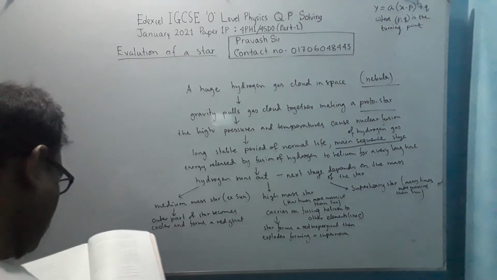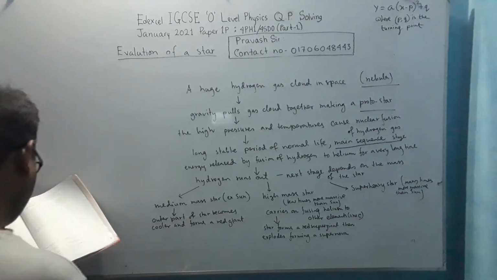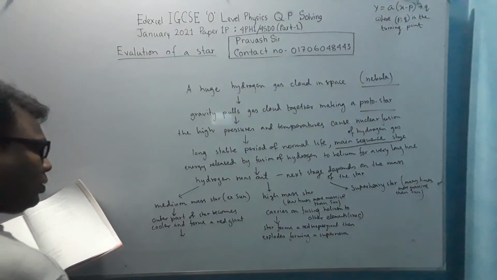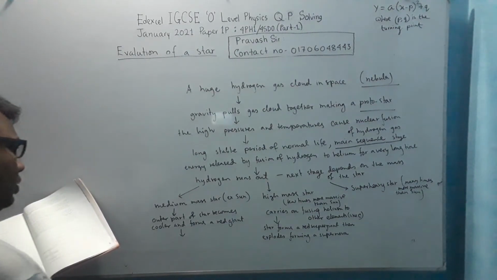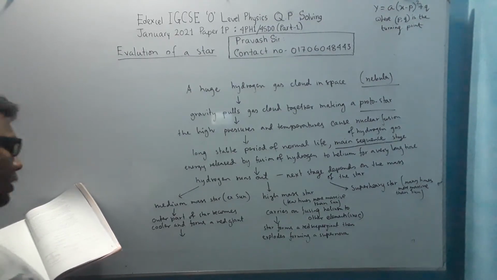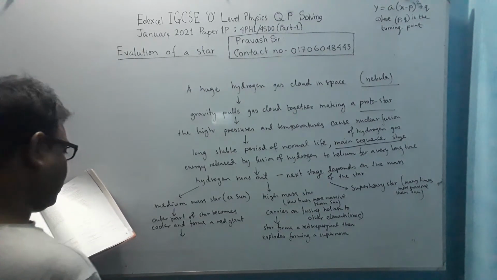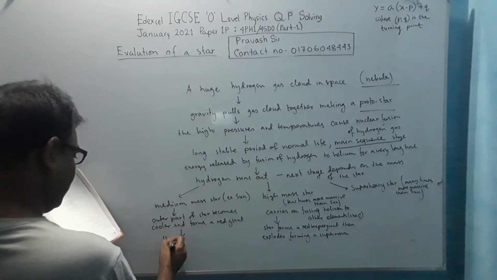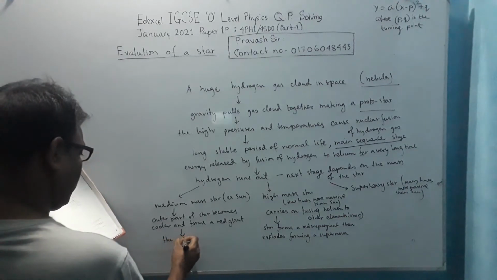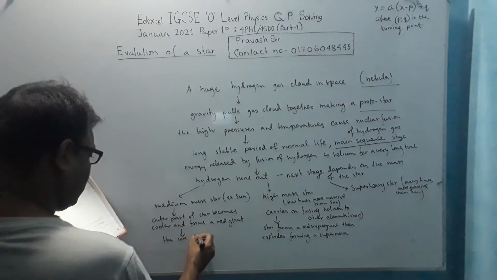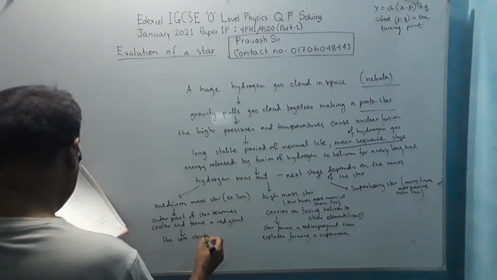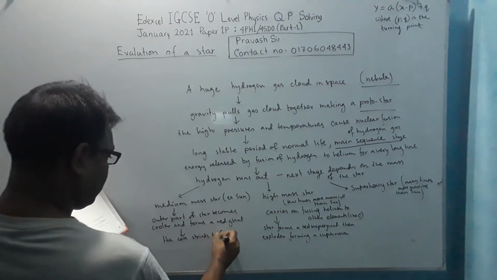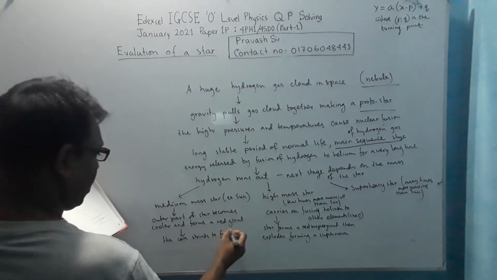And the medium mass star that forms a red giant, after that stage its core shrinks to form a white dwarf.